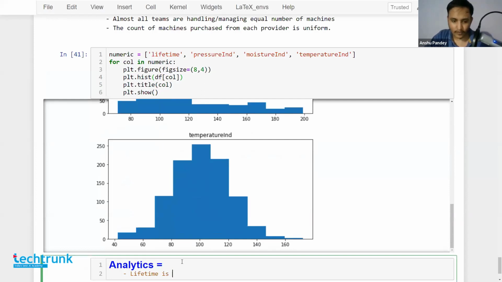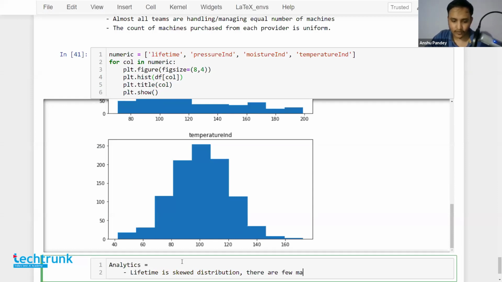Lifetime is a skewed distribution. There are few machines having exceptionally lower value, right? So it's more of a negatively skewed lifetime.